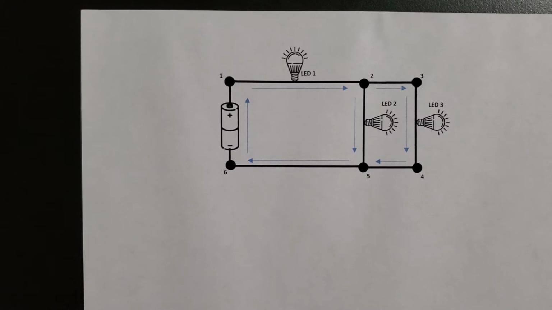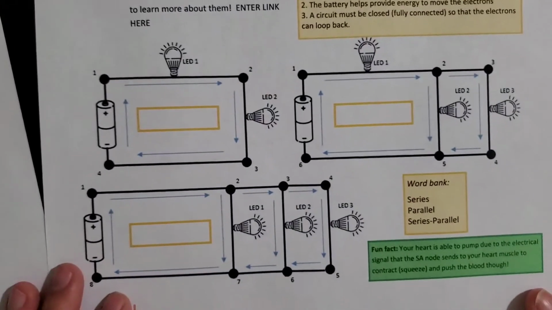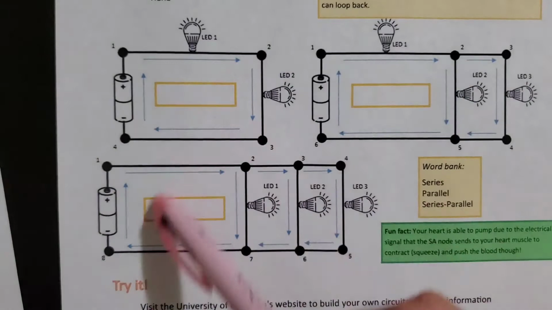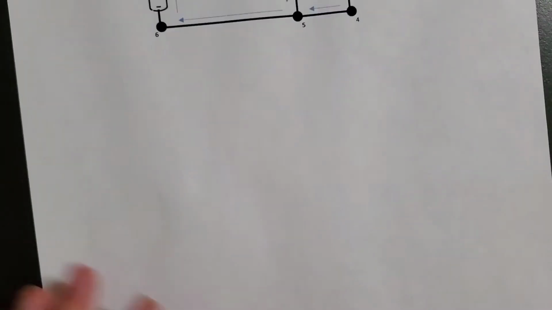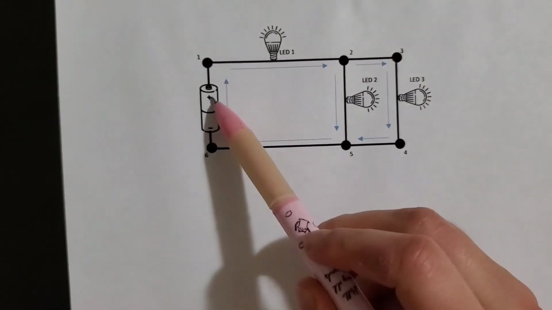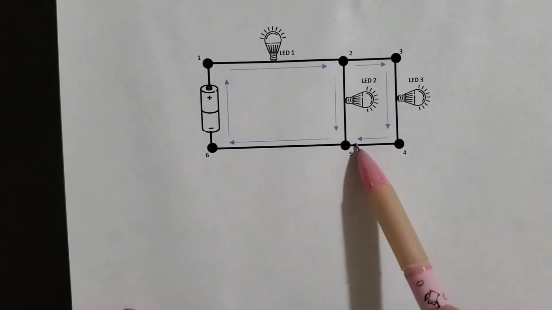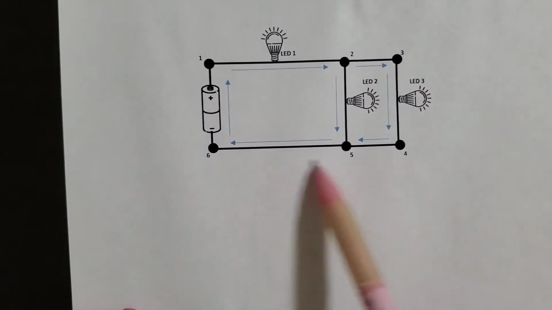And we're on our final circuit, which is called the series parallel circuit. If you look back at all three circuits, you'll see a resemblance of both of these in the series parallel circuit. If we follow the flow of the electricity, it comes from the positive end, goes to 1, 2, 5, and 6, and then 1, 3, 4, and 6.